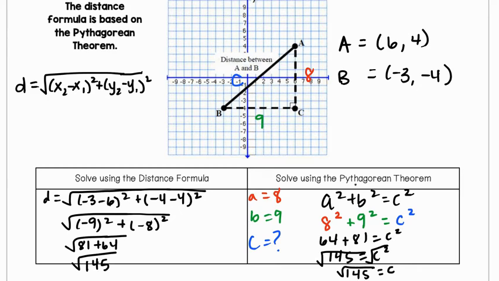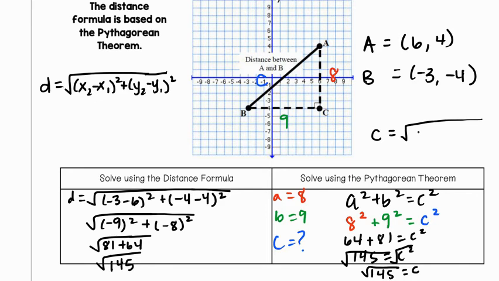So that's just another way that we can find the distance between them, is to just create this right triangle and then use the Pythagorean theorem. We can see that these are very similar, because if I wanted to find C, I would use C equals the square root of A squared plus B squared.